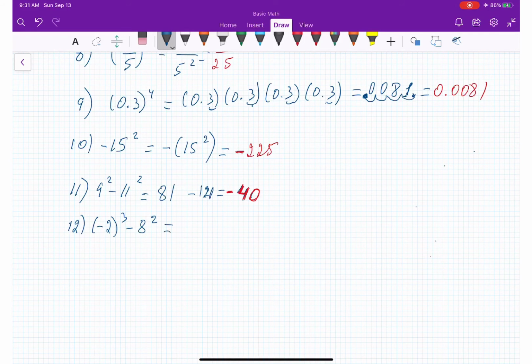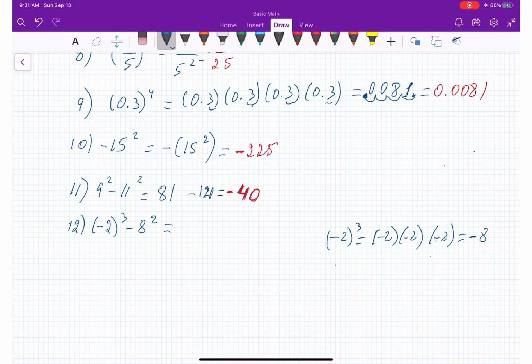So negative 2 cubed, that's equal to negative 2, negative 2, negative 2, right? This parentheses. So we have odd degree, so the size is going to be negative because we have odd. 2 times 2 is 4. 4 times 2 is 8.